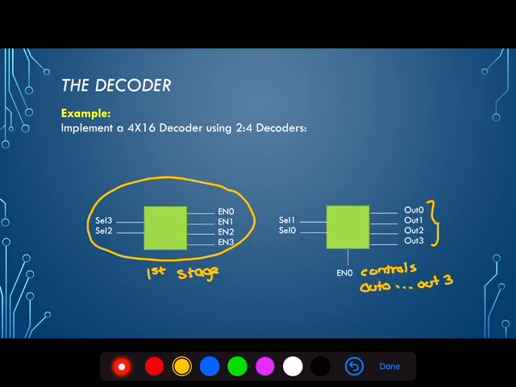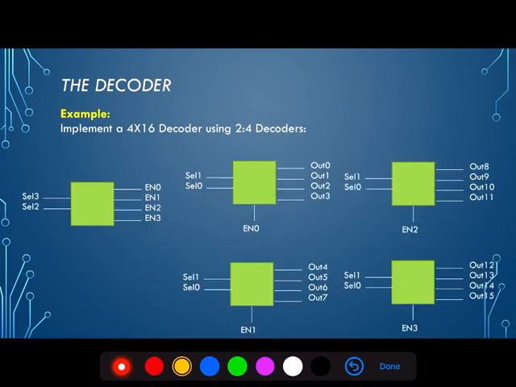When enable is high, as selected in the first stage, then select 1 and select 0 are free to do their jobs, and select one of out 0 through out 3 to be 1. And we can do the same with 3 other decoders, and each decoder in the second stage of logic is enabled by one of the 4 enable signals that was produced in the first 2x4 decoder in this design.